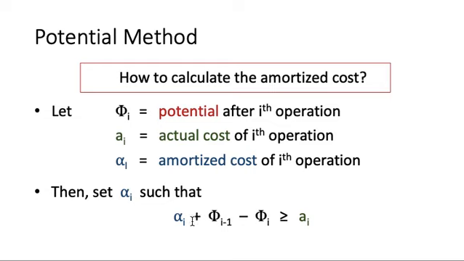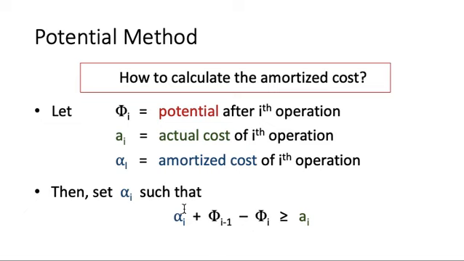We hope alpha_i plus whatever we can get from the bank, which is phi of i minus 1 minus phi of i. Let's say we have phi of i minus 1 money in the bank before the operation, and then we hope it will have phi of i money after the operation. So the amount of money that we can take from the bank to help the operation is phi of i minus 1 minus phi of i.